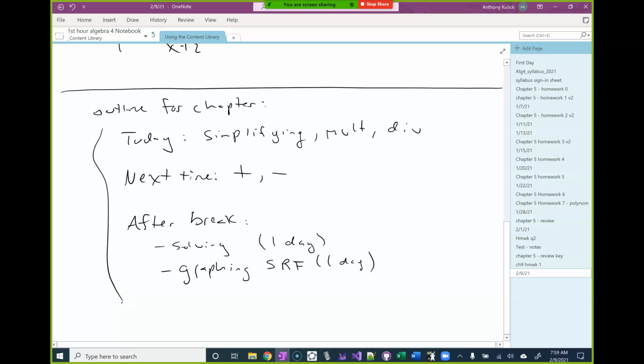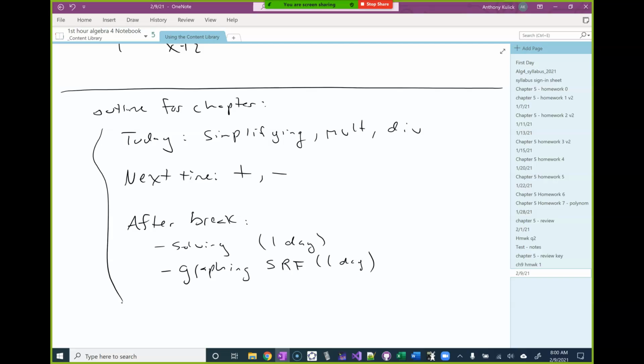So we have basically 4 lectures for this chapter. That's all the content that you're going to see in this chapter. Obviously, we'll take some more time than just 4 class days to do this. We'll probably have a day of review, and a day when we come back from break, we'll probably give you some problems to work on for at least part of the day and try to stretch that out a little bit.